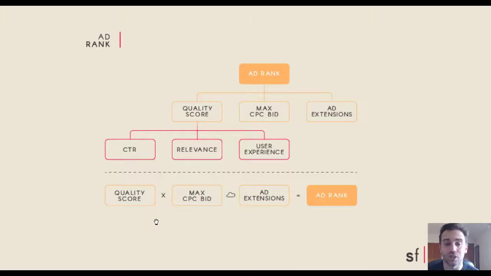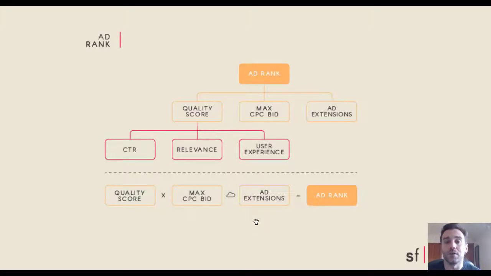Historically, the equation used to be quality score multiplied by bid equals ad rank. And you could actually do a bit of math behind it to get a physical, tangible number. And that would let you understand, okay, if I do something to my quality score and/or to my bid, I can get a loose feel as to what that's going to do to my position.